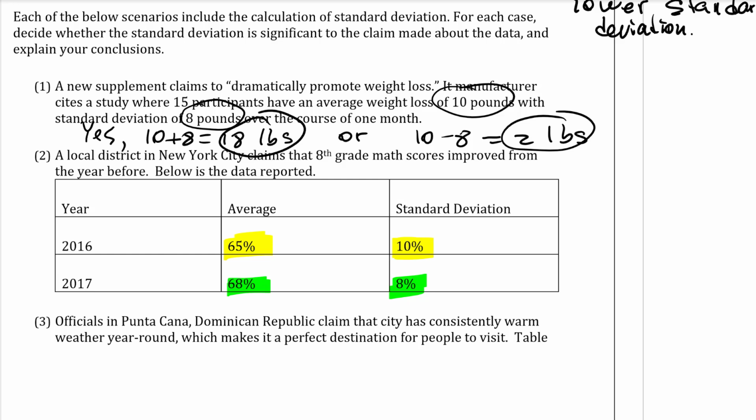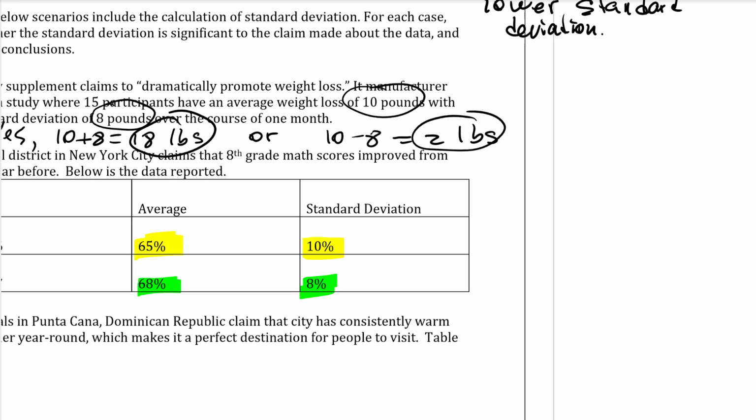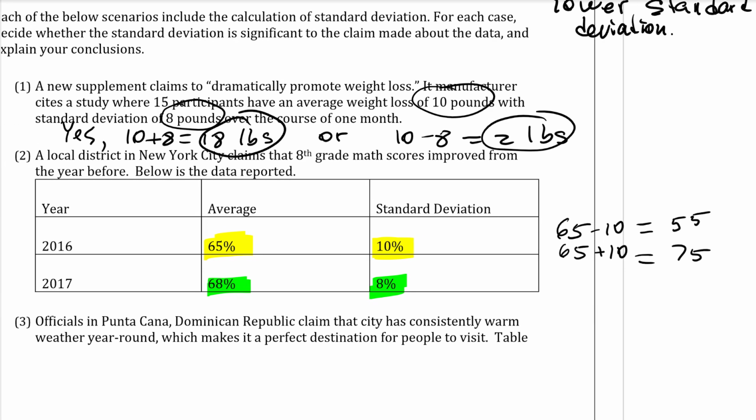Well, to answer this question, what I like to do is always subtract the standard deviation and add a standard deviation, just to see where the majority of folks scored. So 65 minus 10 is 55, and 65 plus 10 is 75. So that means the range is between 55 and 75.